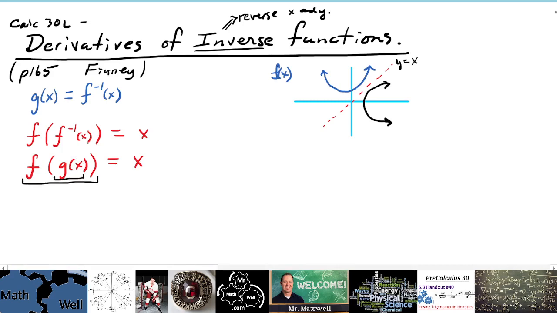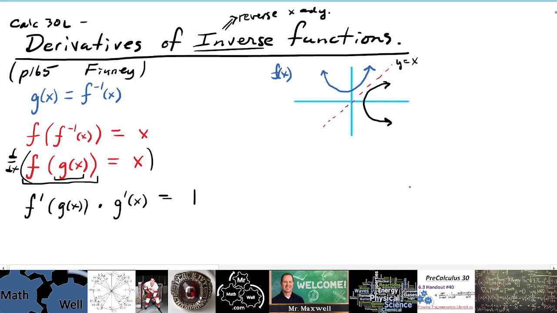So I'm going to have to do chain rule here. If I take the derivative of both sides, d dx of everything here, I get f prime of g of x. That stays in there. But I have to multiply by g prime of x, which equals the derivative of x, which is 1.